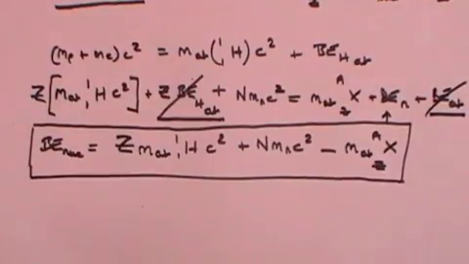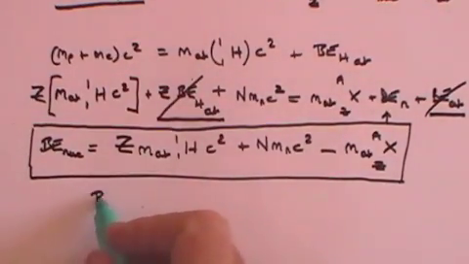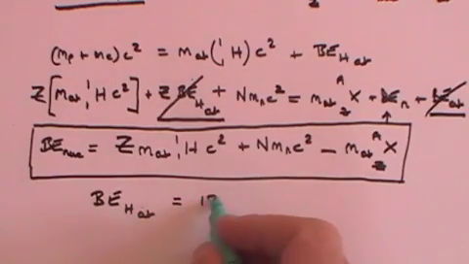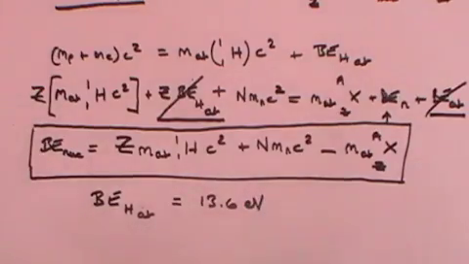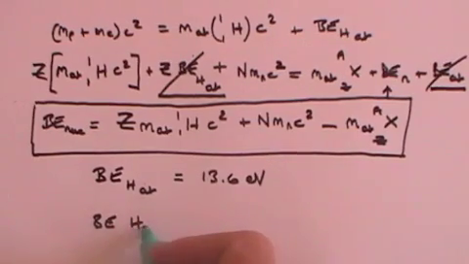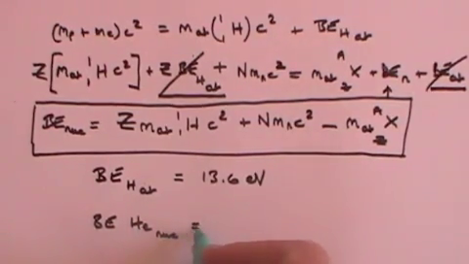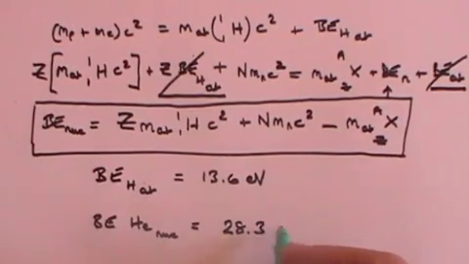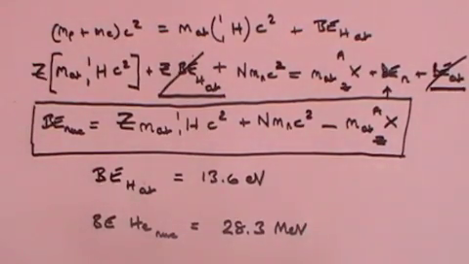So, for example, we showed you that the binding energy of a hydrogen atom was 13.6 electron volts. The binding energy of a helium nucleus, for example, is 28.3 MeV. It just shows hugely greater than the binding energy of an atom.